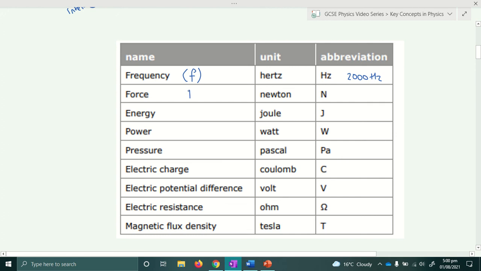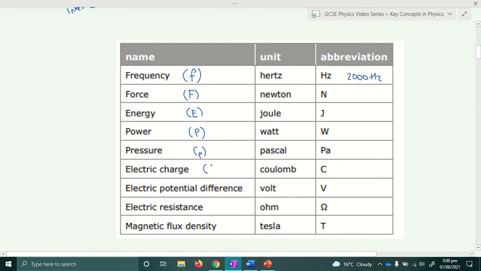So just to give you what their symbol is, this is why it's important to differentiate between lowercase and capitals, because you can see the letters get used in both. So force is a capital F, energy is a capital E, power is a capital P, pressure is a lowercase p, so you have to be careful to differentiate between the two.